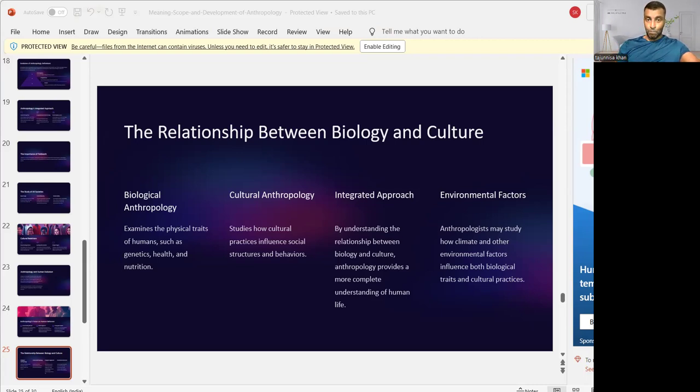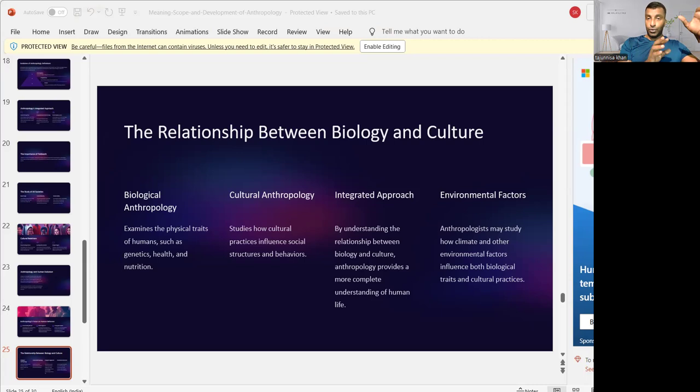For example, anthropologists might study how environmental factors like climate influence both biological traits and cultural practices of a particular society. Biological anthropologists study the physical traits of humans, such as genetics, health, nutrition. Cultural anthropologists focus more on cultural practices, which influence social structures and behavior.